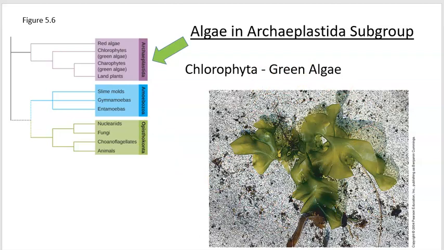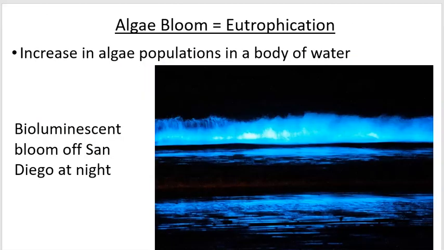And when you look at the algae, they do have some interesting features that are built into them. Algae can bloom like crazy, and this is a process known as eutrophication. So think eu is true, and troph, think activity. So it's a true activity. A bloom of the algae is where the algae just grows like crazy.